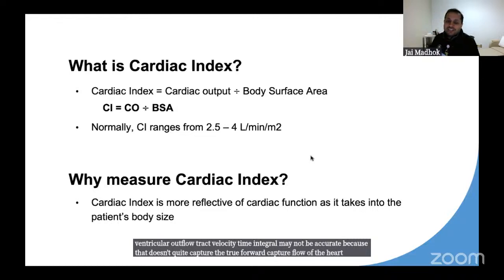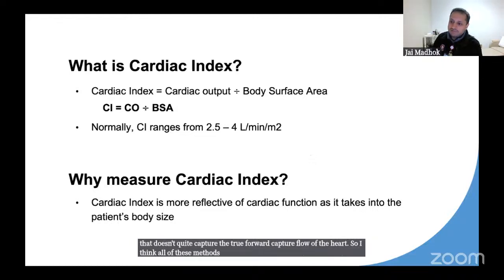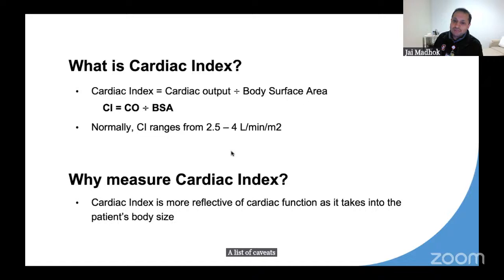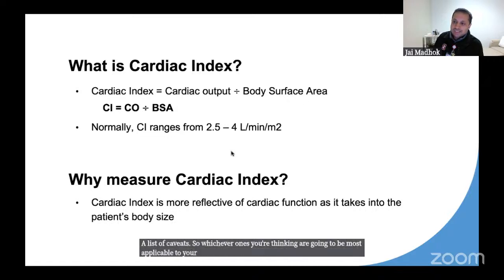So all of these methods, including the non-invasive ones, which we don't use very commonly, every single one of them has a list of caveats. Whichever ones you think are most applicable to your practice, it's worthwhile investigating that method in a little more detail so you become the expert at it and know the caveats of when the numbers might confuse you.